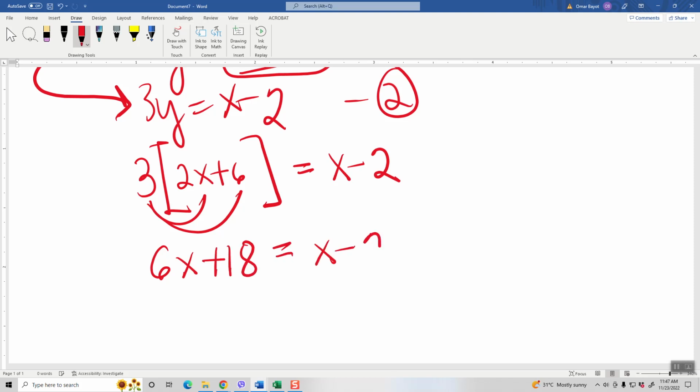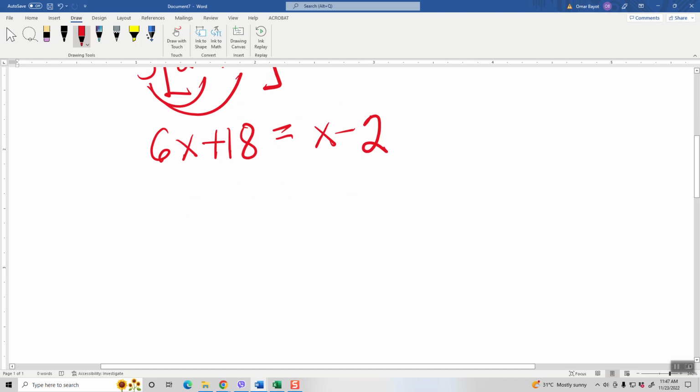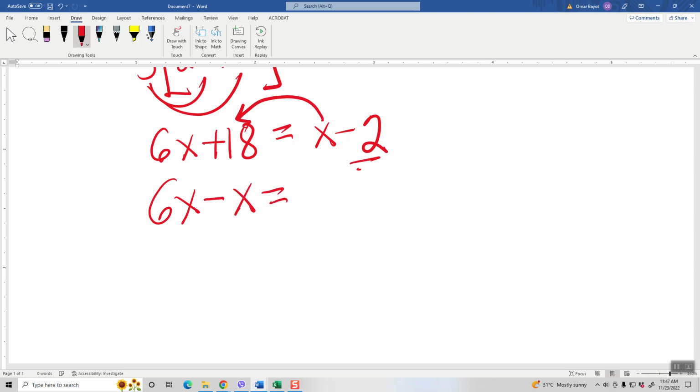Then, x minus 2. Anong sabi ko? Ilalagay lahat ng variable sa bandang kaliwa. 6x, etong x pupunta sa kaliwa, magbabago yung sign. And then, maintain si negative 2 sa right member. Iko-cross over natin dito sa kabila si 18, and that will change to negative 18.